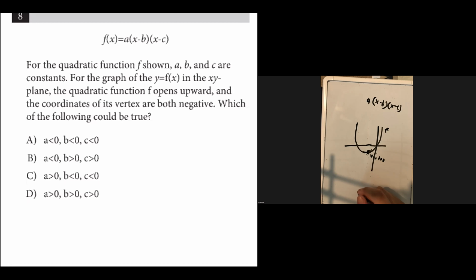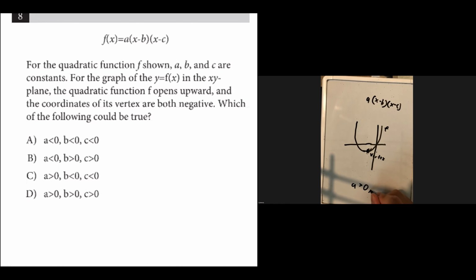For it to open upward, a has to be greater than 0. And for B and C, they have to be less than 0 because they're both negative.